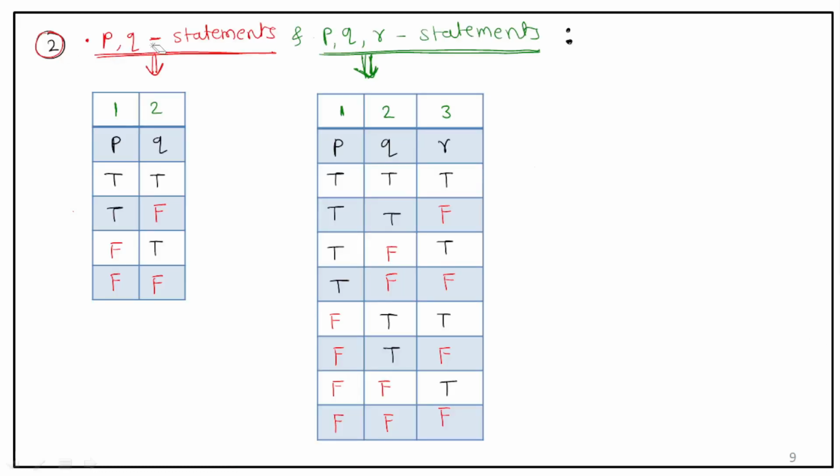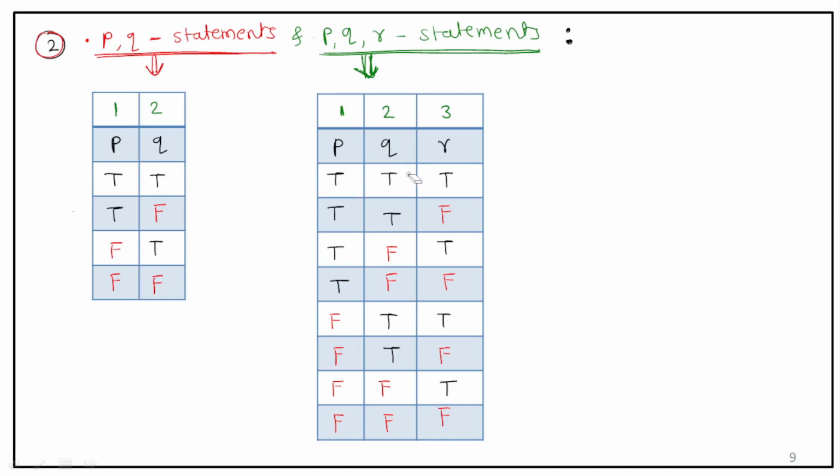Two statements P and Q. Then here use the possibility of P, that is 2 times true and 2 times false, and the possibility of Q, that is true false true false. So we write P as true true false false, and Q as true false true false. Suppose 3 statements P, Q, R. Then for P, that is 4 times true and 4 times false.